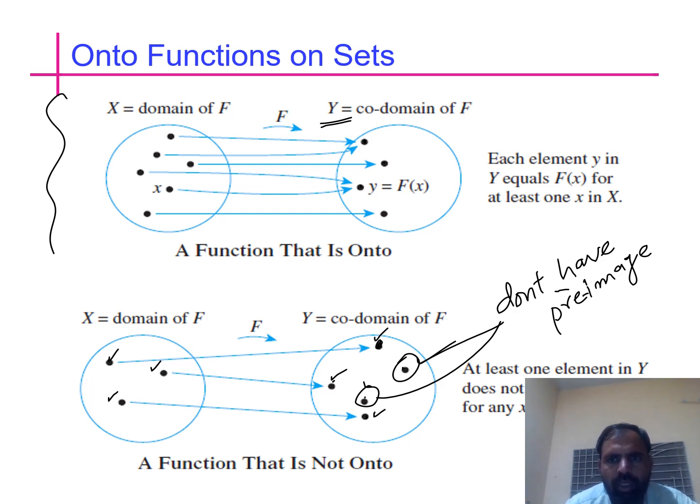At least one element in Y is not the value of any element from X, so this is not onto. It's simple: if the codomain becomes the range. Here the codomain has 5 elements, but the range has only 4 elements, so it's not onto.